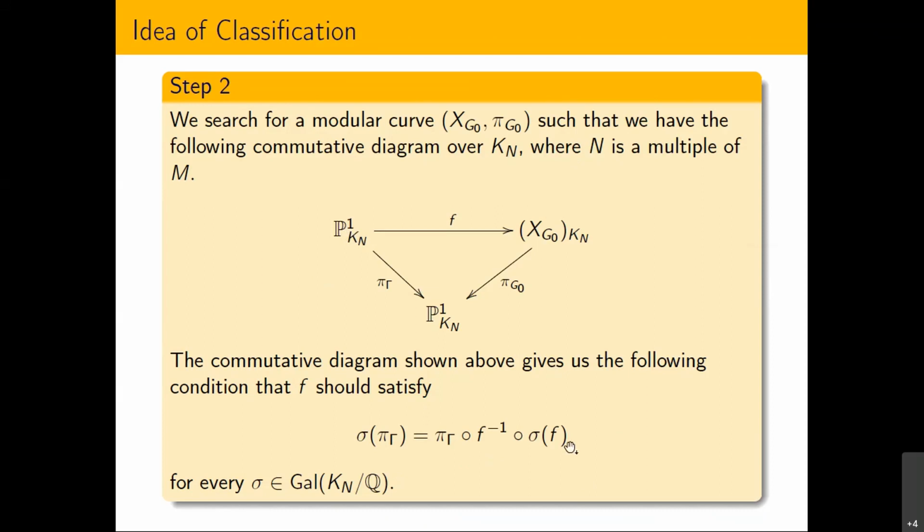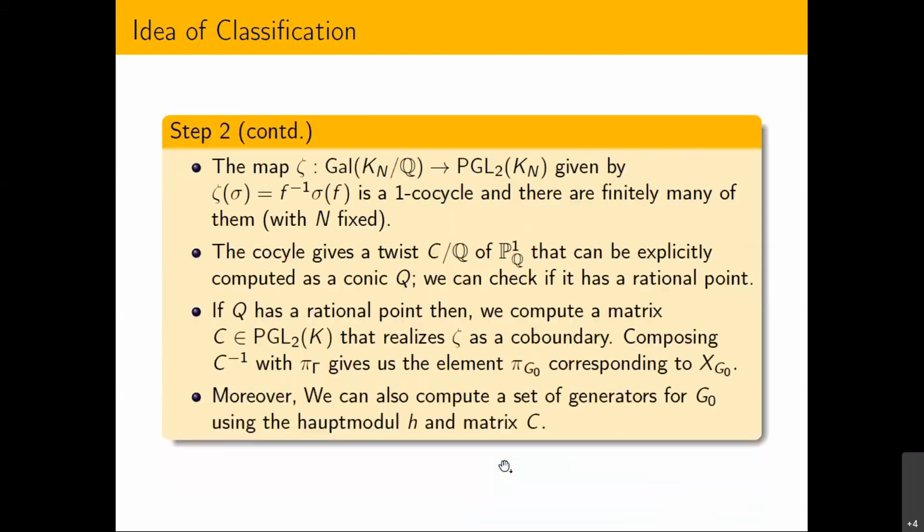So it is a twist, and there is a condition on cocycles. The map described previously that sends σ to F^{-1} σ(F) is a one-cocycle. And once I fix some n, there are finitely many of them. What we do with this cocycle is that this cocycle gives me a twist of P1 of Q. That can be explicitly computed as a conic, and then we can check if it has a rational point.